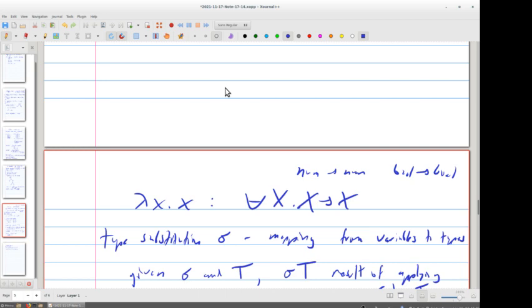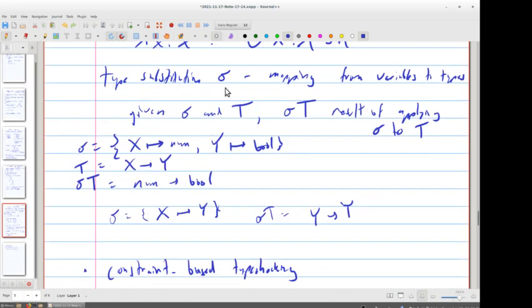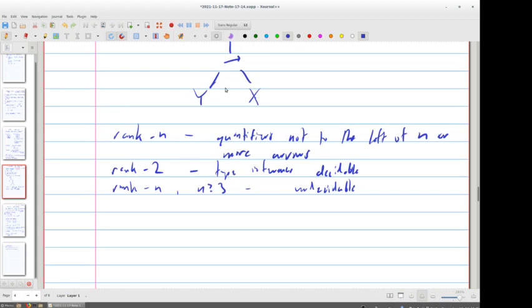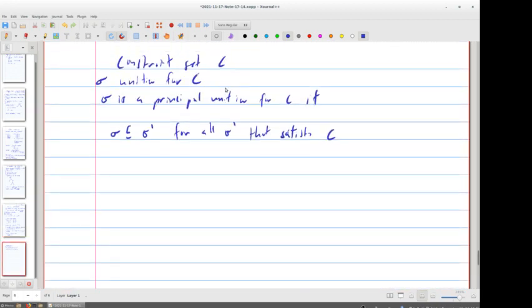Once you've identified a principal unifier, you've identified a general solution for the whole constraint set. So what's an example constraint set? Actually, we've got some examples here.